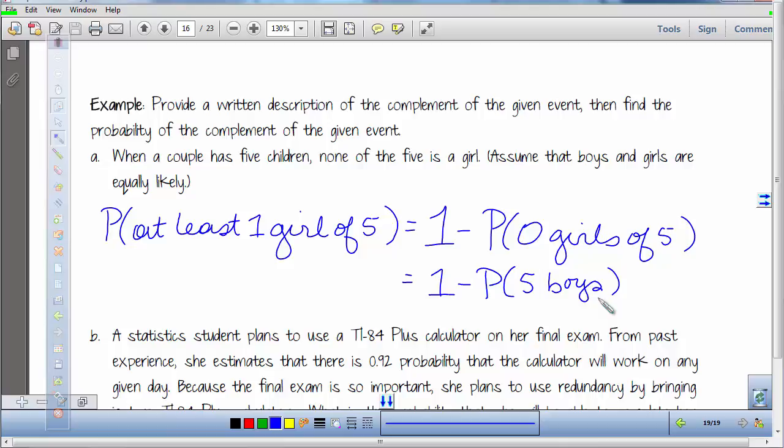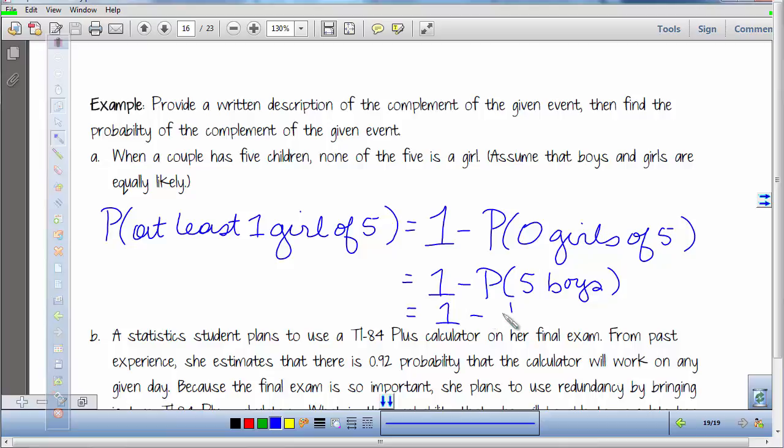And so now we need to calculate the probability of having 5 boys. And this is where the multiplication rule comes in. We're talking about the probability of a boy and a boy and a boy and a boy and a boy. We need 5 boys. We're using the keyword and, and that lets us know to multiply. And then we need to ask ourselves, are the events independent? And of course they are. The likelihood of you having a boy on your second child is not affected by the fact that you had a boy for the first.